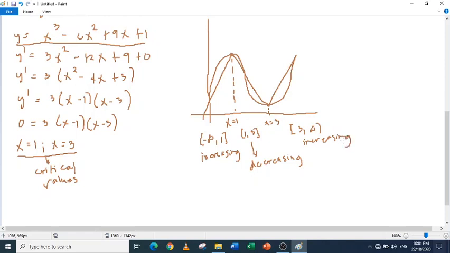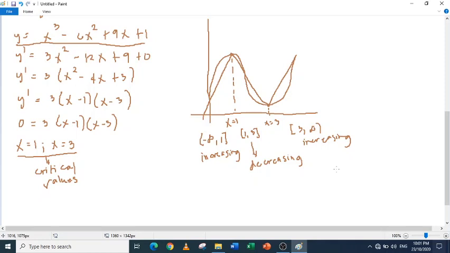Okay? But how to determine whether this critical value x equals 1 and 3 are said to be a maximum and minimum? Ito kasi madali lang hanapin kapag i-graph natin. Pero kapag i-solve natin, paano?